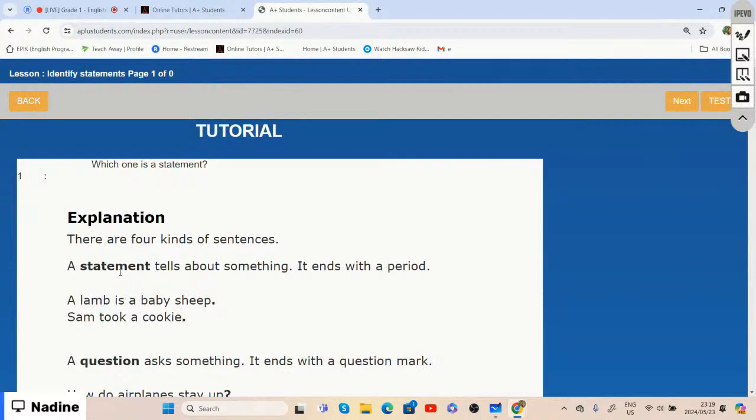A statement tells about something, and a statement ends with a period. It can be anything random, like a lamb is a baby sheep. Sam took a cookie.